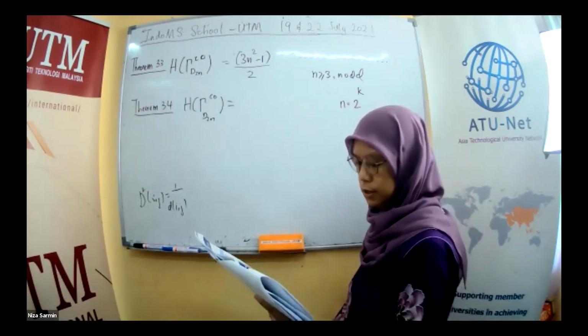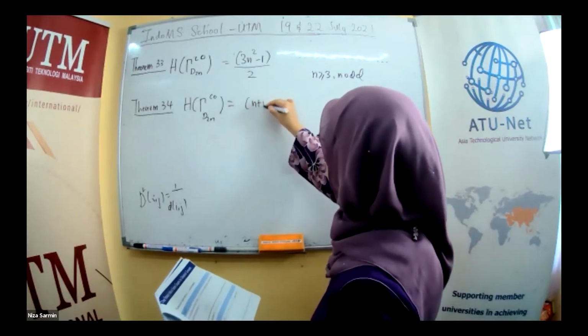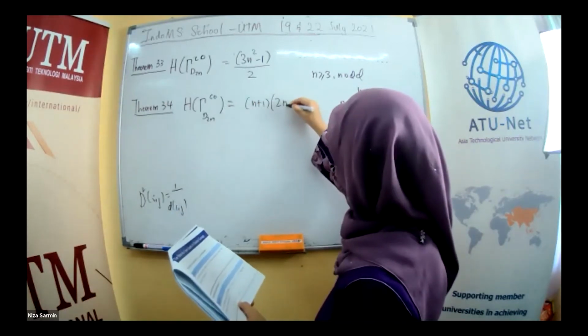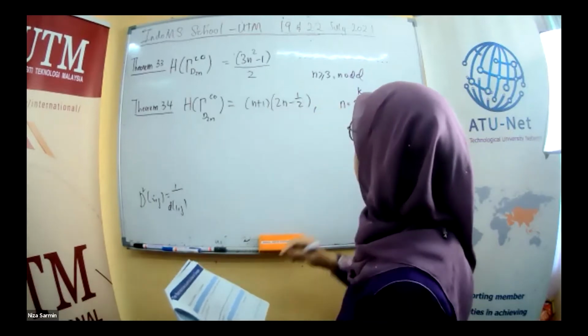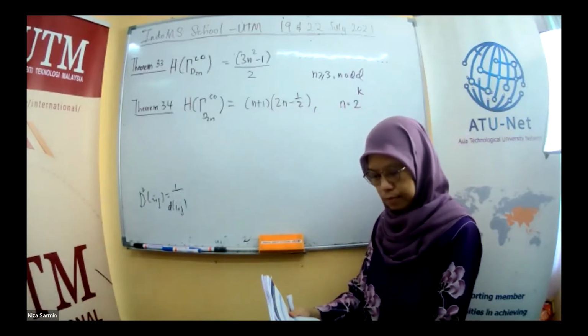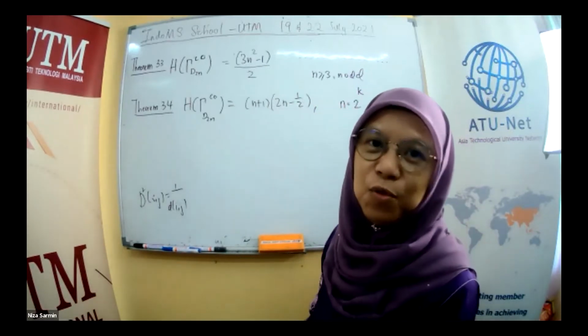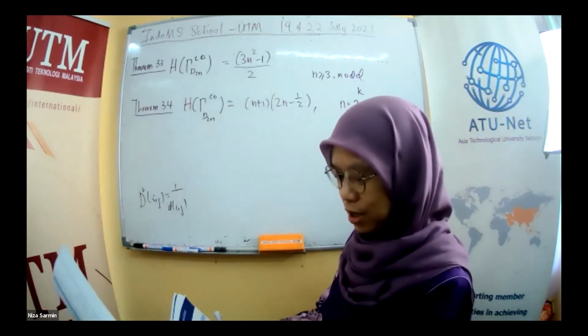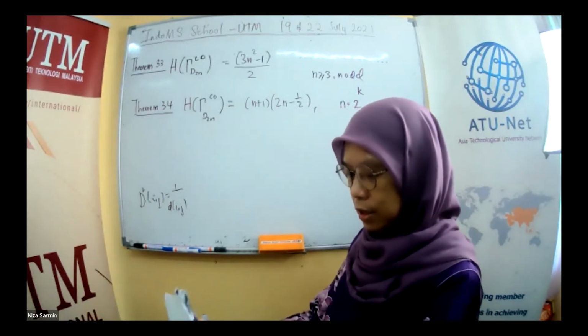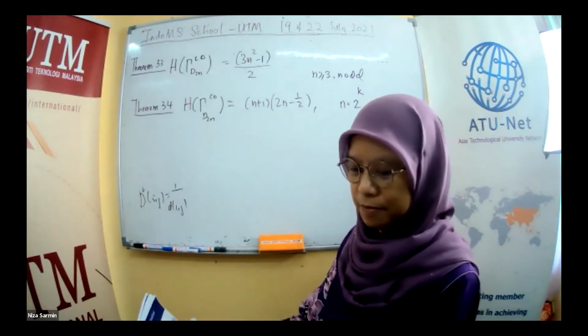This is n plus 1 to n minus 1. So you see the half everywhere because of the formula of 1 over.